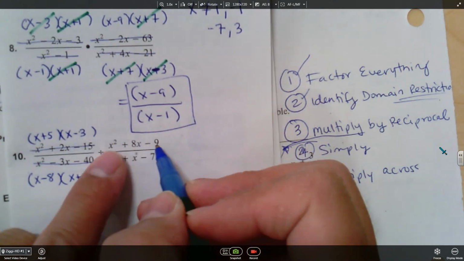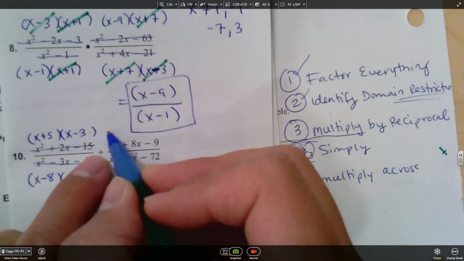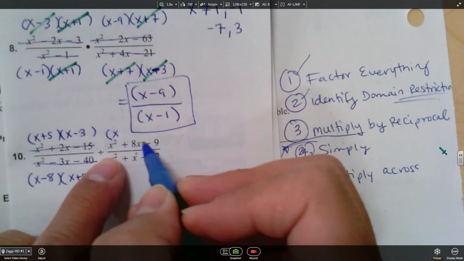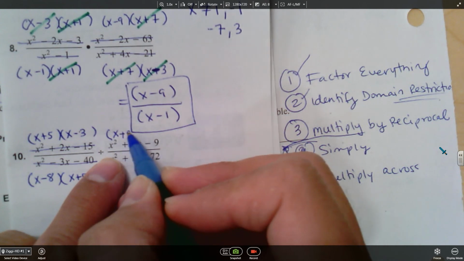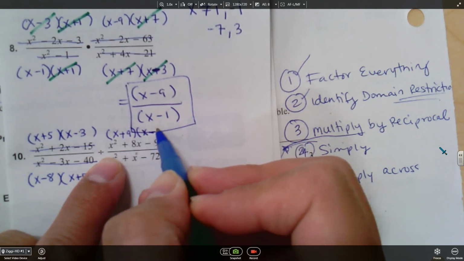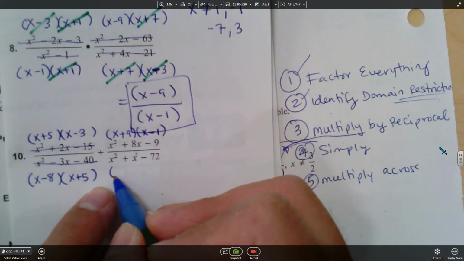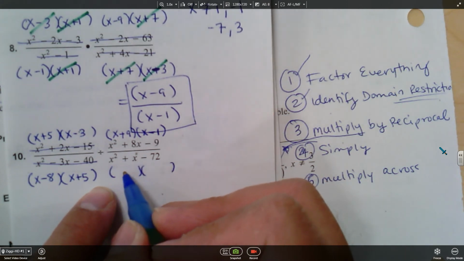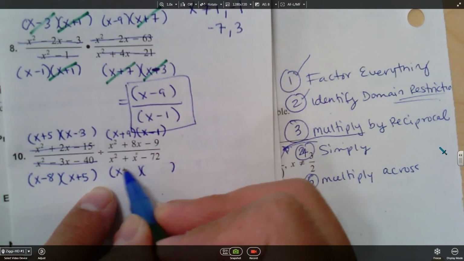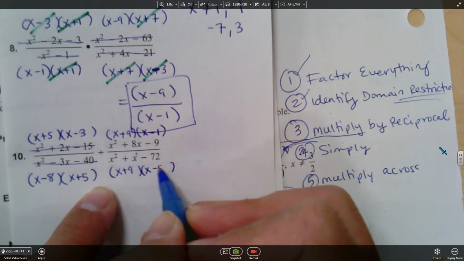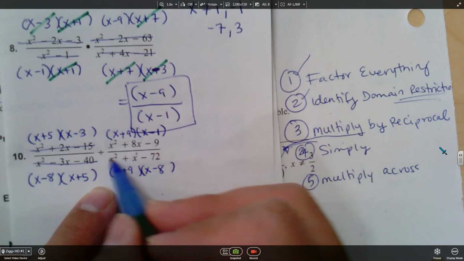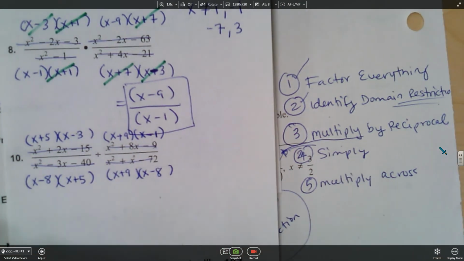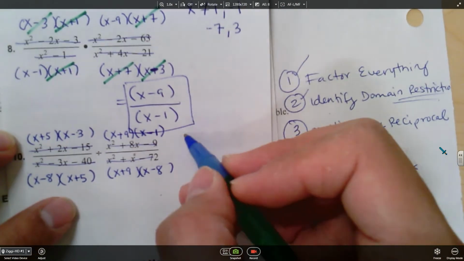Okay, how about two numbers that multiply to be negative 9 and add to be 8? 9 and negative 1. And then two numbers that multiply to be 72 and add to be 17: 9 and 8. Okay, everything is factored. Once everything's factored, it's easy to identify your restrictions.